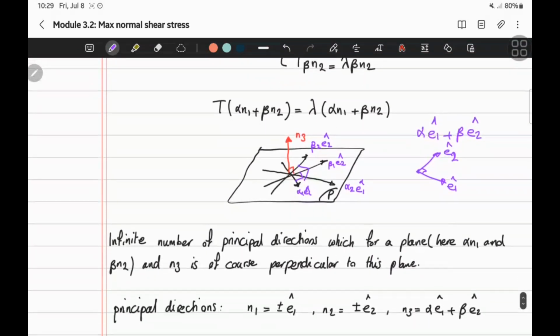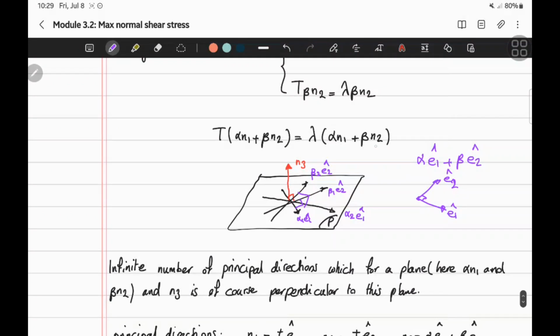And also we have this combination here of E1 and E2.